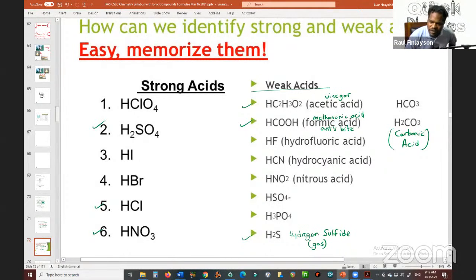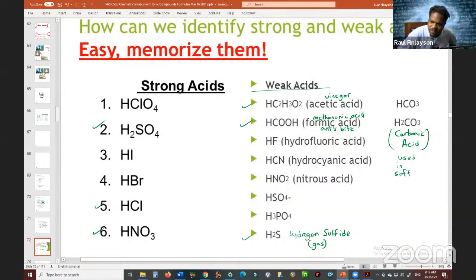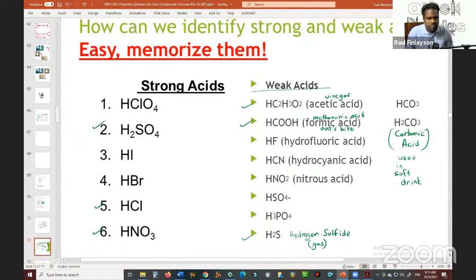Well, that doesn't have any other name. Carbonic acid is what is used in soda, in soft drinks. So the acid in soft drinks is actually carbonic acid, which is a weak acid. It couldn't be too strong for that purpose, really. All right, so that's it. Any questions here, guys?